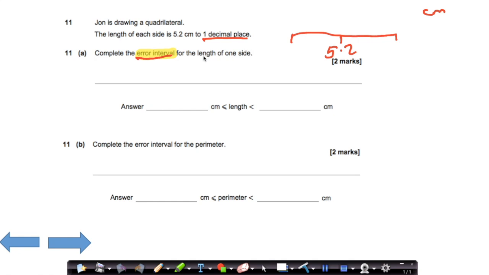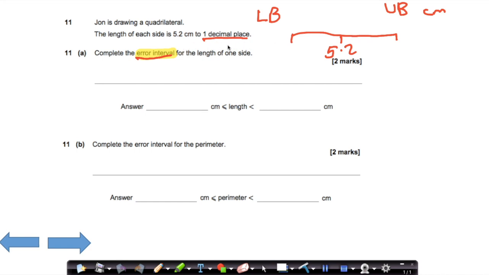If we rounded a number to 1 decimal place, we're doing the opposite of rounding here. We're thinking backwards. If we rounded a number to 1 decimal place to get 5.2 centimeters, what's the lowest number that could have been? Okay, so we're going to talk about lower bounds and upper bounds. So the error interval could have been between the lowest bound and the highest bound, the upper bound.